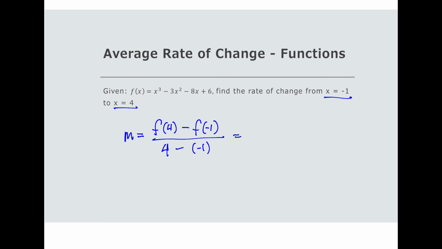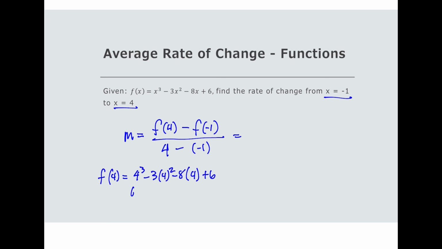So we do need to figure out what is the f of 4 and what is the f of negative 1. So let's go with the 4 first. This would be 4 cubed minus 3 times 4 squared minus 8 times 4 and then plus 6.